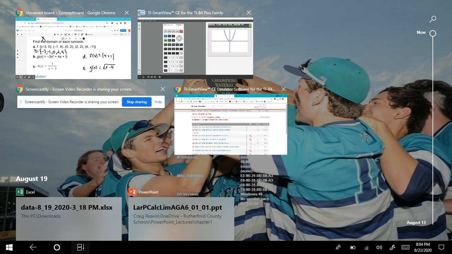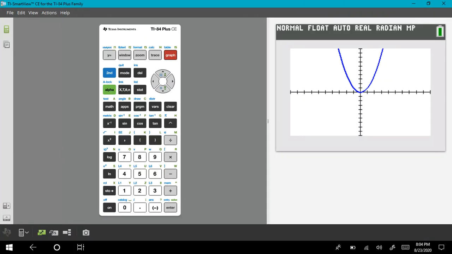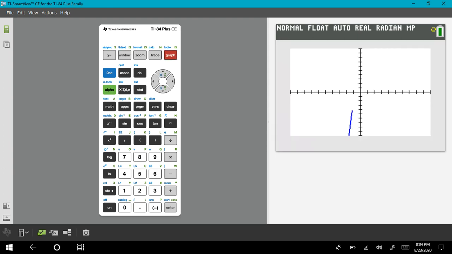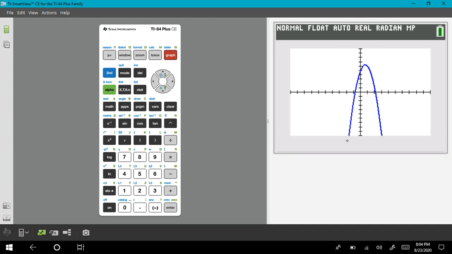It's -3x squared plus 4x plus 5. That's close enough. It's just a parabola opening down. This continues to go forever and ever, down and out, down and out.